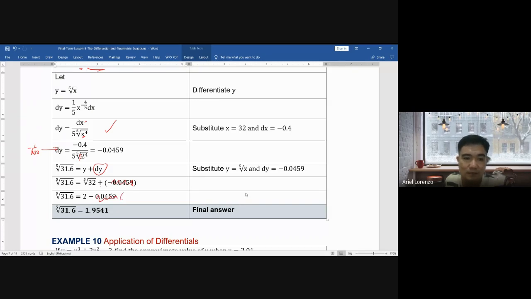So parang plus 1 all over 200. 2.005, tama ba? Wait lang. Negative 4 all over 5 times fifth root of 32 raised to 4.